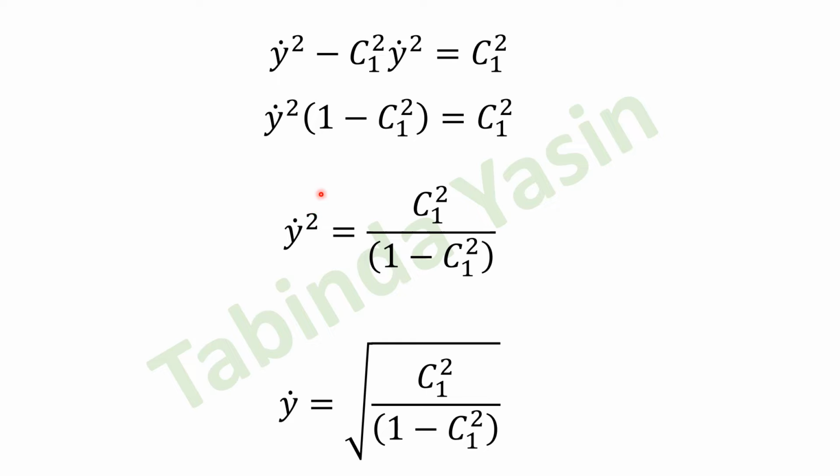Then y dot squared is equal to C1 squared divided by 1 minus C1 squared. To remove that square, we'll take the under root on both sides, so y dot is equal to under root C1 squared divided by 1 minus C1 squared.